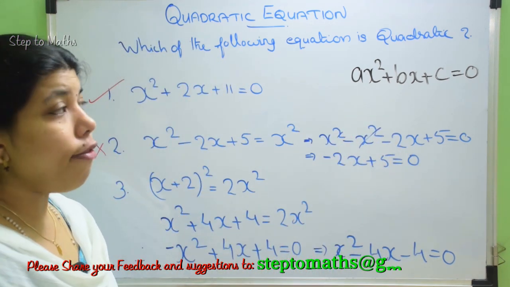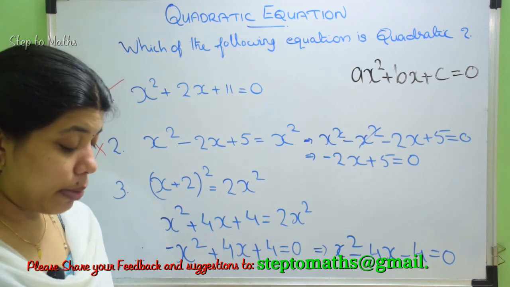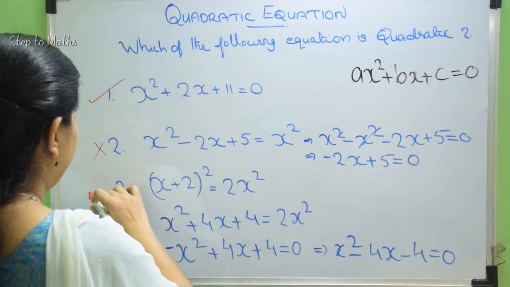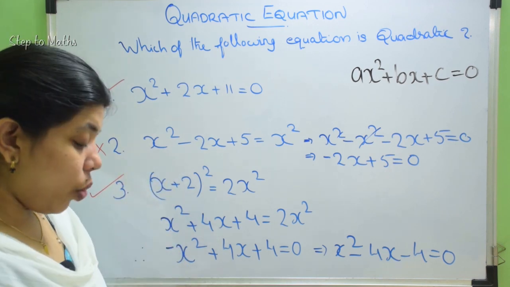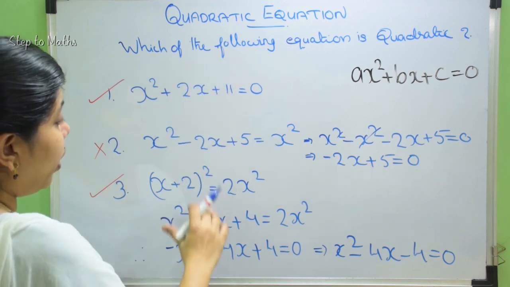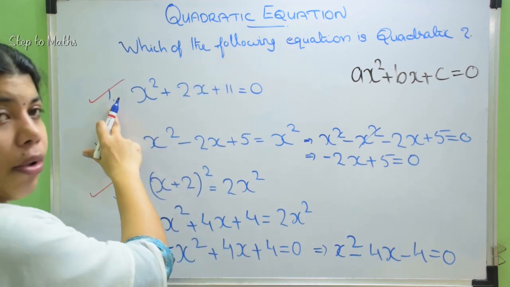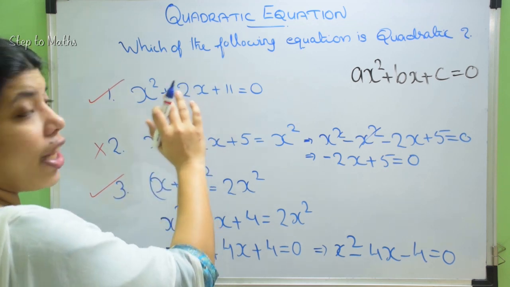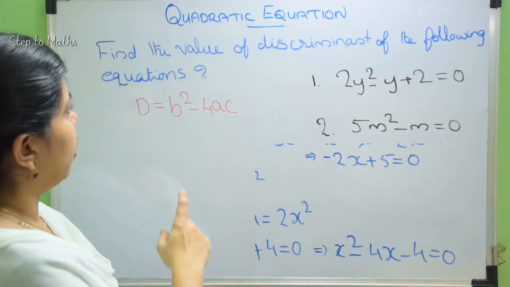This is in the form of x square plus bx plus c is equal to 0. Equation number 3 is also a quadratic equation. From the given 3 equations, equation number 1 and equation number 3 are quadratic equations.